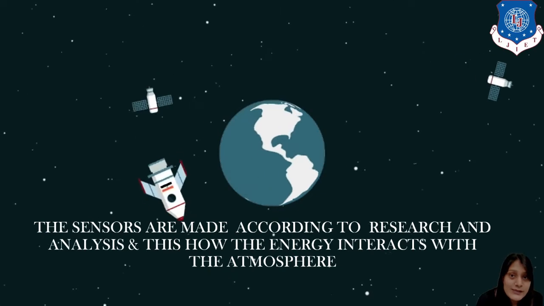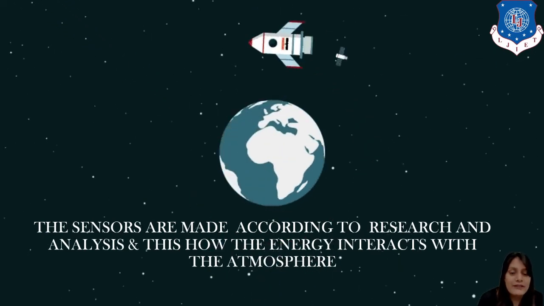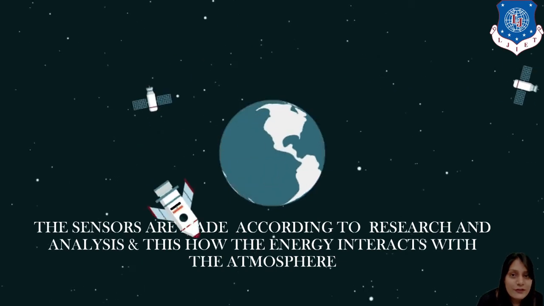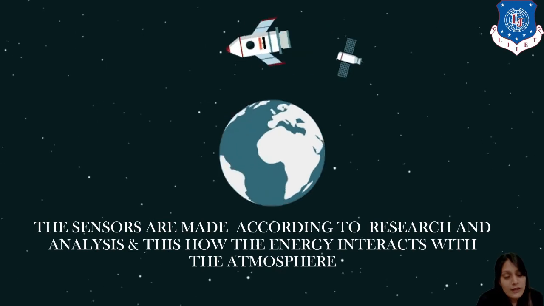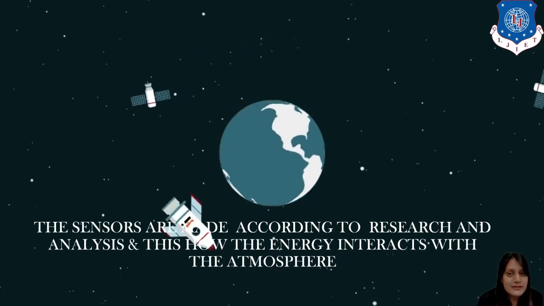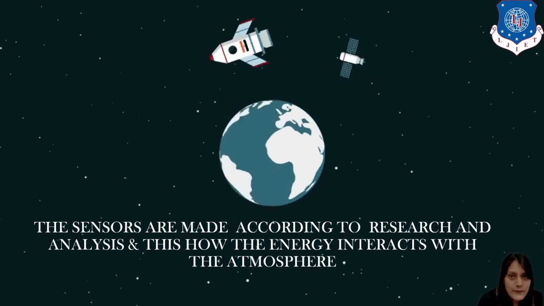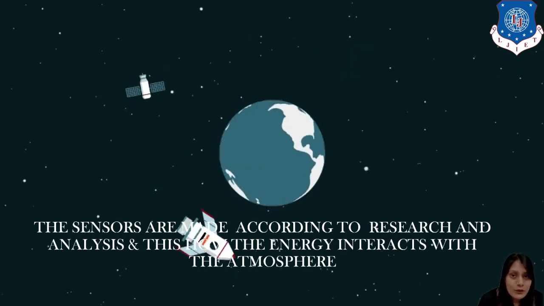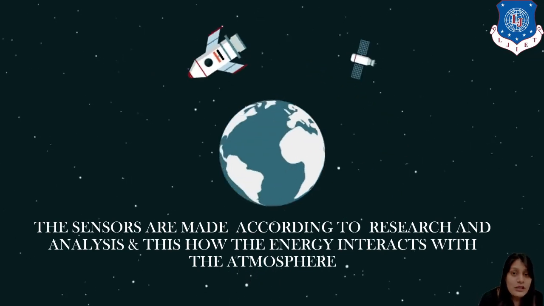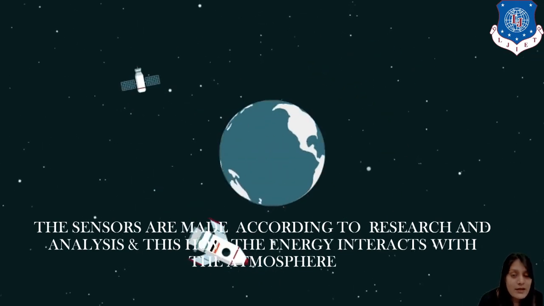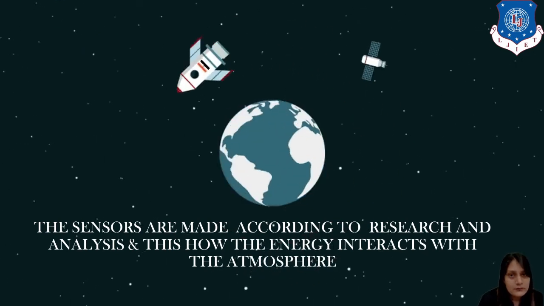This is how ISRO makes various sensors of different wavelengths, and we are running trials, taking information, and doing research and analysis. According to that, we are improving our remote sensing facilities and trying new ventures, because this is the best technology we can use to detect much more information which cannot even be seen or felt by our eyes but can be detected through electromagnetic radiation, right?